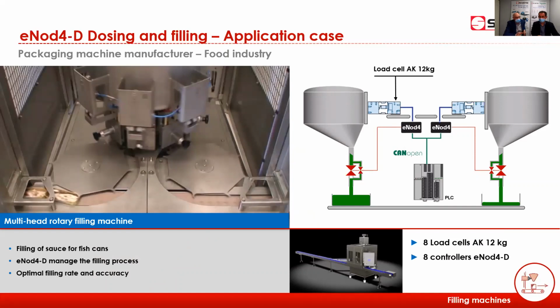In this example, eNod4 manages all the filling process with the parameters sent by the PLC, and the PLC manages the overall machine. Here it's a really small machine with only 8 heads, and for this type of application, we are able to manage up to 70, 80 heads.